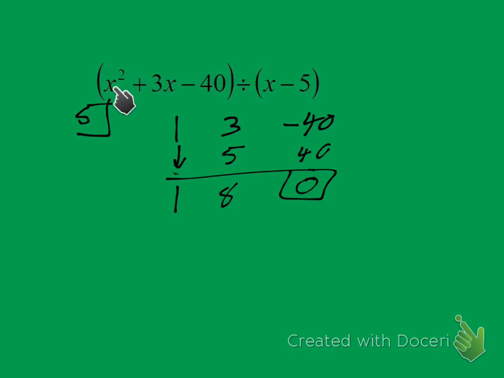So we start with an x squared, which means this will be an x plus 8. These coefficients, see how this is a 1, see how this is a 1, they should always be that way. Not necessarily a 1, but just whatever you start with.